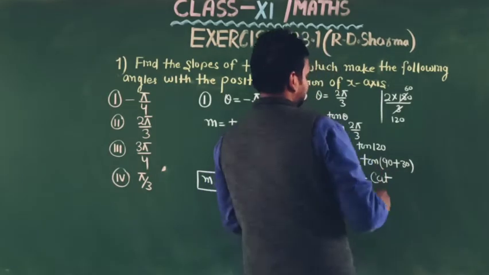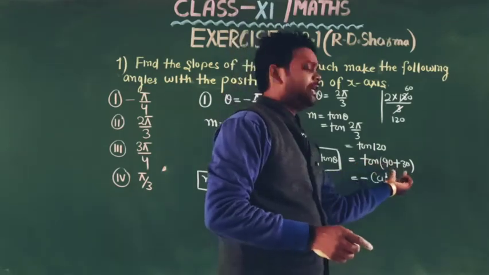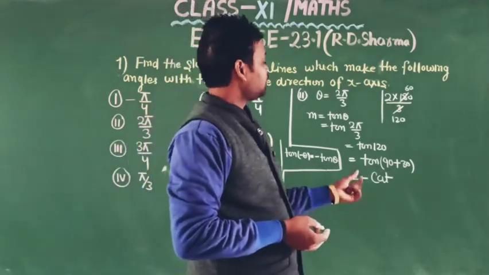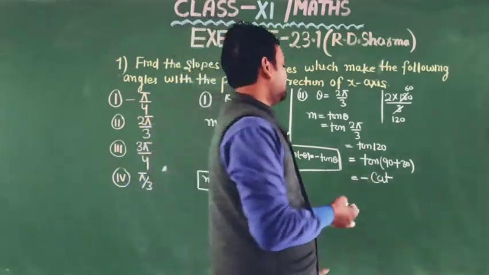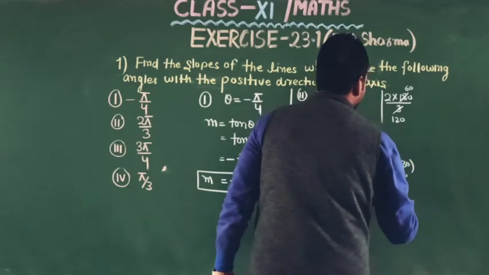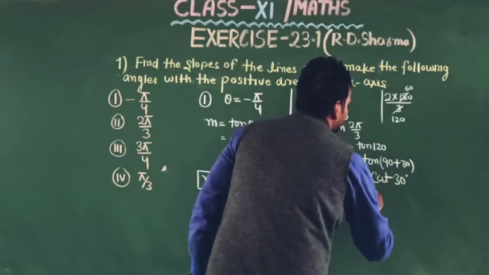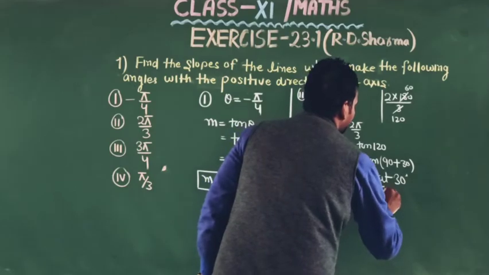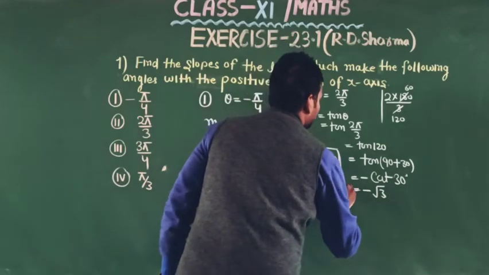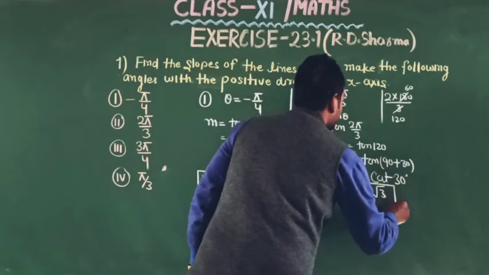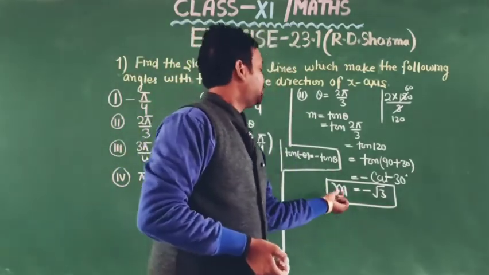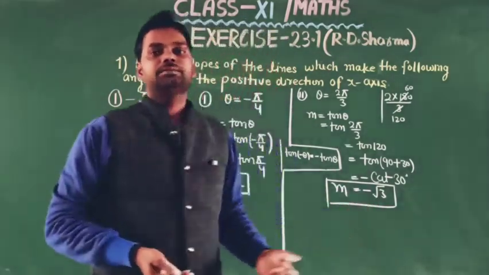This lies in the second quadrant, where only sine is positive and all others are negative. So it is minus cot 30 degrees. The value of cot 30 degrees is root 3, so the slope is m equal to minus root 3.